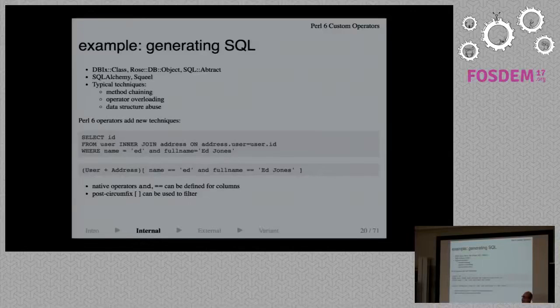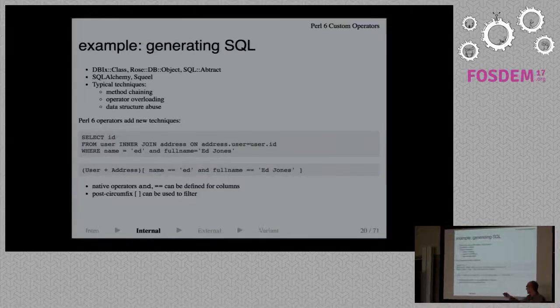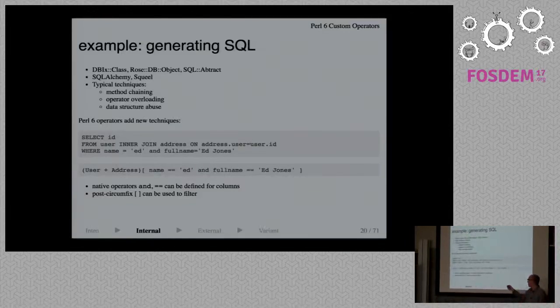So we have new techniques with some of those things that we just talked about. All those operators could be used to generate SQL. So we could write something like this: user plus address, name equals Ed, and full name equals Ed Jones, where we're using equals and we're going to redefine those depending on the type of what's coming in.